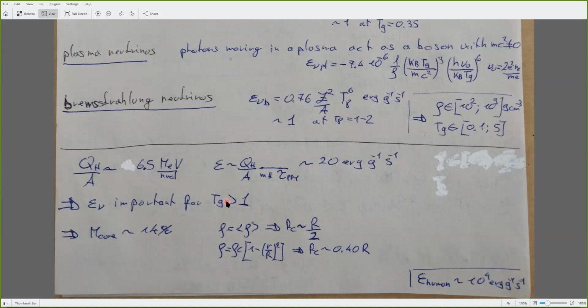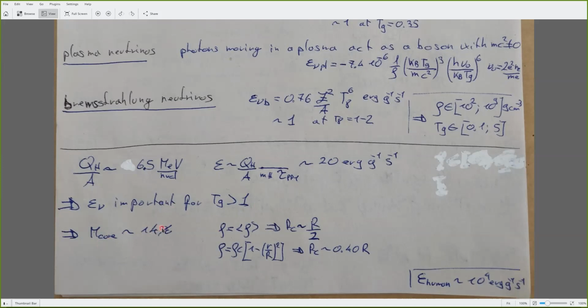But when you have a higher temperature, you start to lose a lot of energy, and this can cause a problem to the stars. Then, to do all the calculation, we can make an estimation.